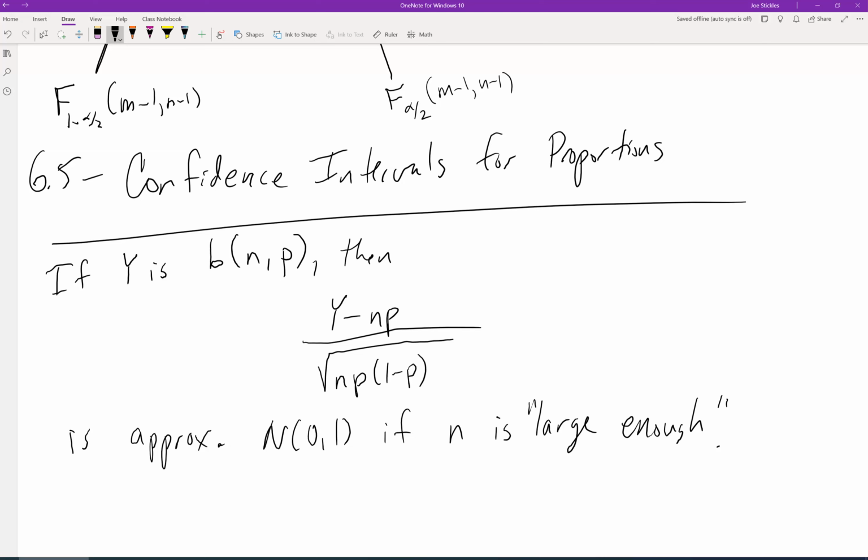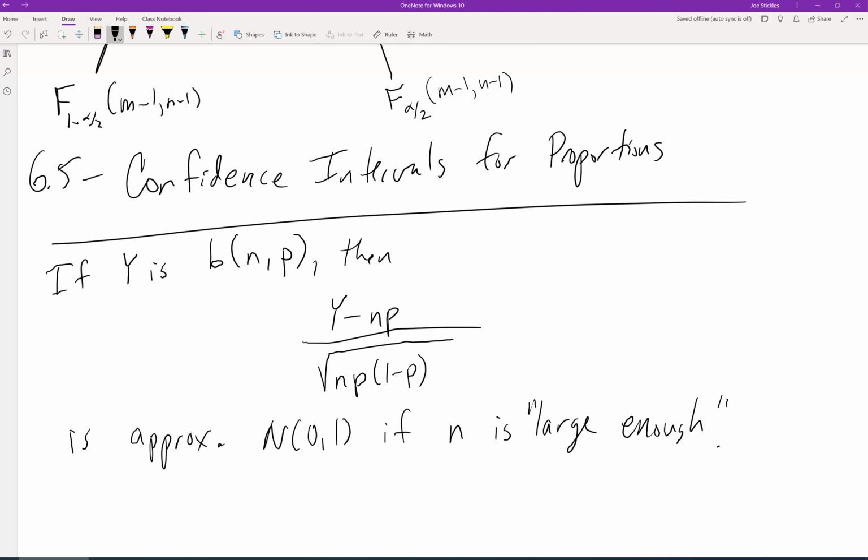And so all we're doing is standardizing a normal random variable. So that's where we get the approximately 0, 1. So that's a central limit theorem idea. Even though it's a binomial random variable, that's just central limit theorem. Right? Take something that's approximately normal, subtract its mean, divide by its standard deviation.